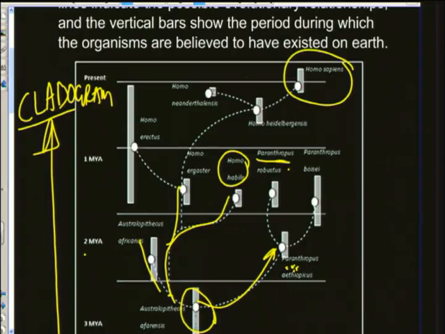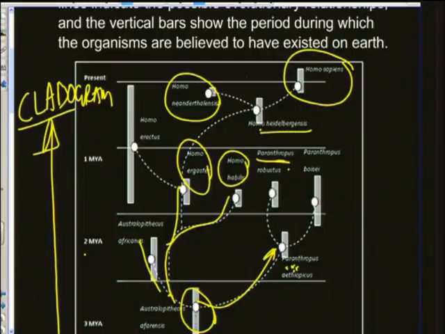So which one? They ask for ergaster, this guy here, or Neanderthalensis. Which one is closer? Neanderthal. Obvious, because it is a branch. They have one common ancestor there, the Heidelberg, that is the common ancestor, whereas Homo ergaster comes from another tree.